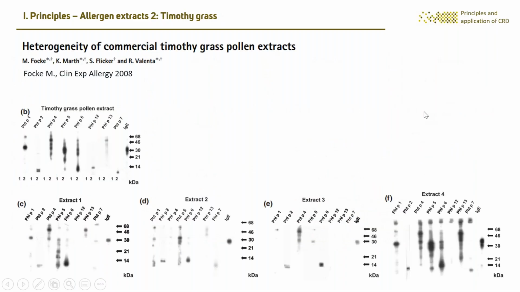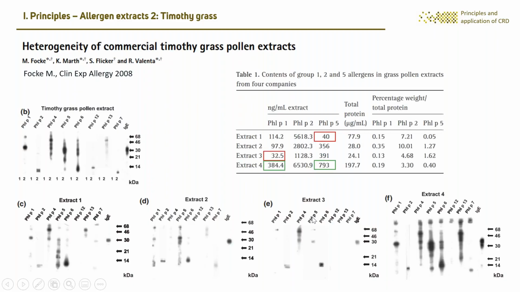The same is true for other respiratory allergen sources like Timothy grass pollen. Here on the bottom, you see the analysis of the composition of 4 different commercial extracts. And again, you see that this product here, number 4, for example, seems quite nice and complete, while extract number 3 seems to be less complete. And if you look at greater detail at the allergen concentrations of these 4 extracts, you see that there is a huge discrepancy.